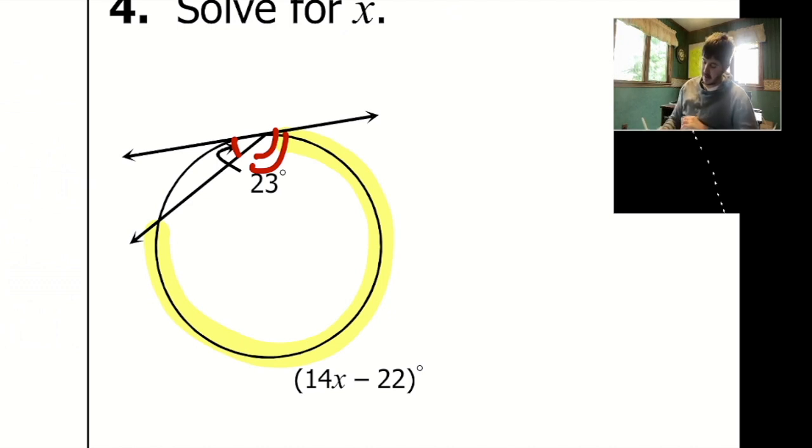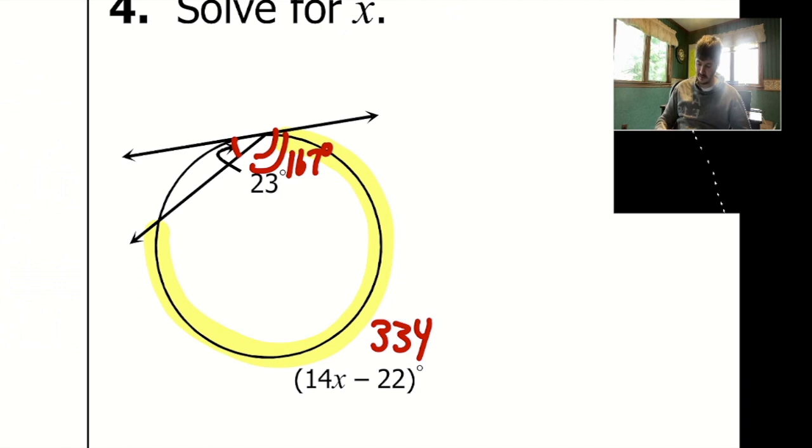That's going to make this angle 167 degrees. But that's not the arc measure. That's just the angle measure. We need the arc measure simply just by taking this and doubling it. So you double 167. The arc measure is 334. Is that right? No, there's something wrong here.